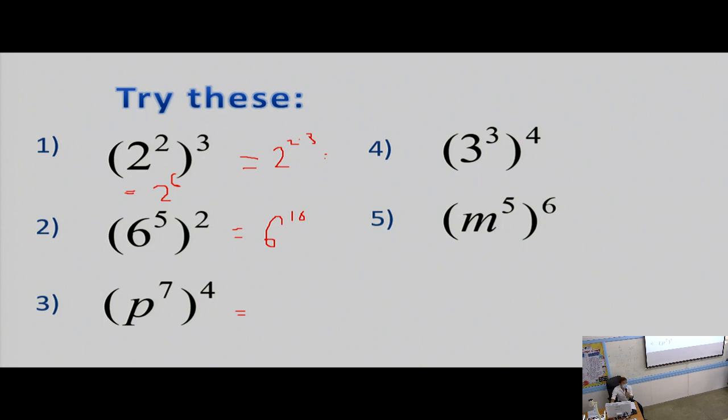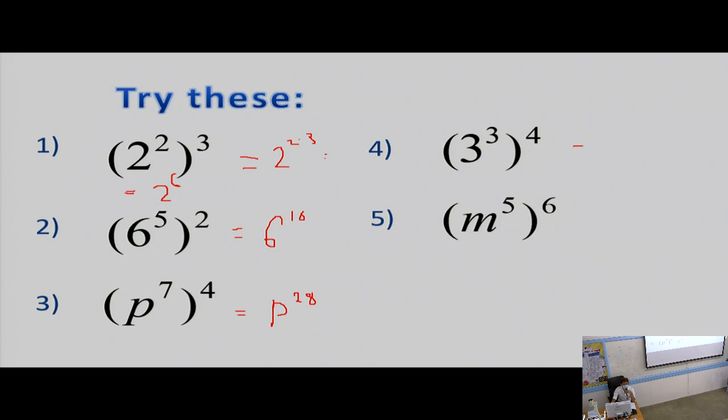P to the power of 7 to the power of 4. The answer is p to the power of 28.